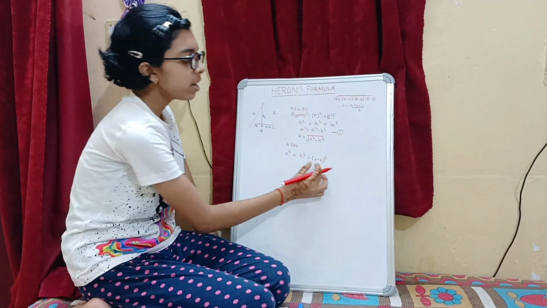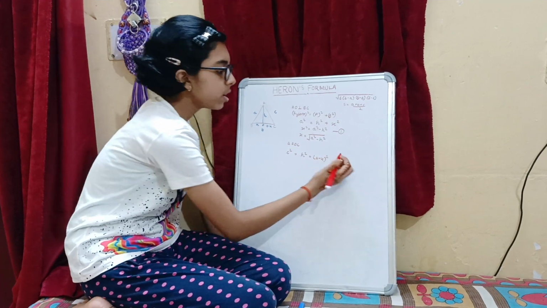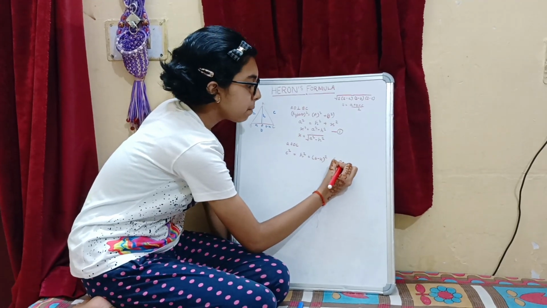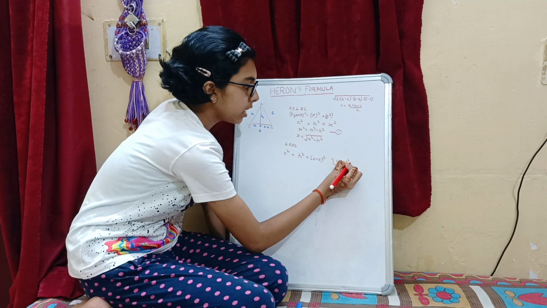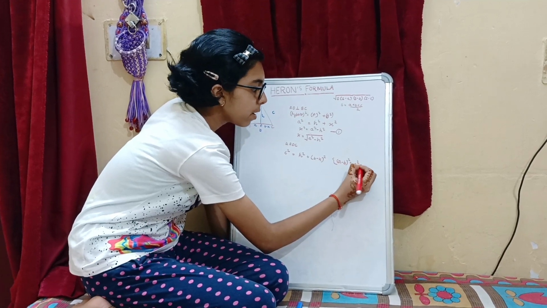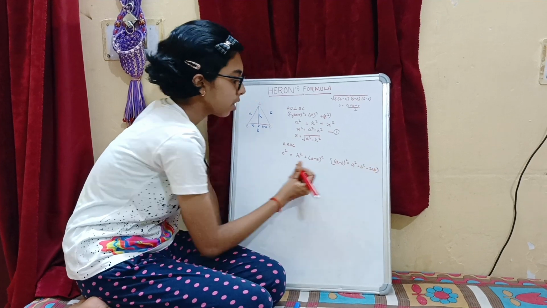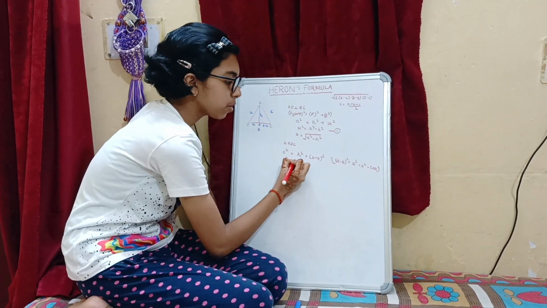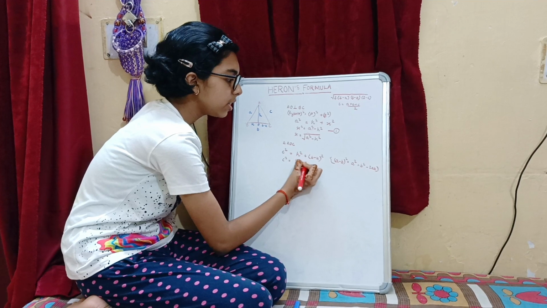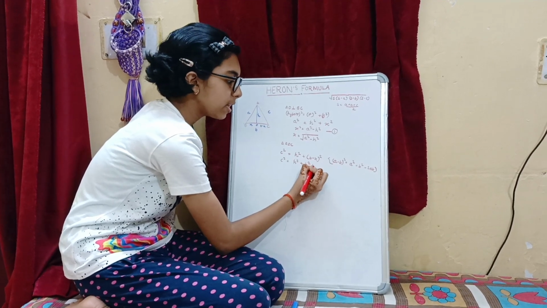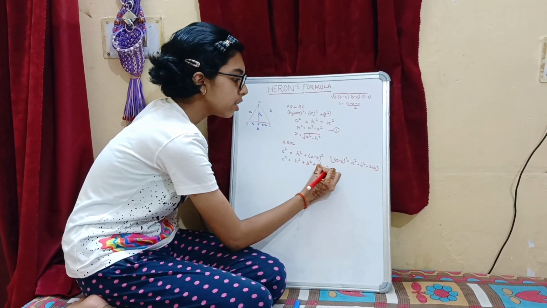So as you can see, b minus x whole square is looking like the identity a minus b whole square, that is equal to a square plus b square minus 2ab. So c square is equal to h square plus b square plus x square minus 2bx.